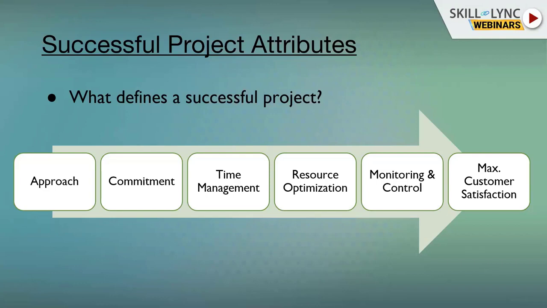So monitoring and control is an activity which starts from the initiation phase and continues until the closing phase. So this is a very major activity, and it has a very vital role in the successful project completion.